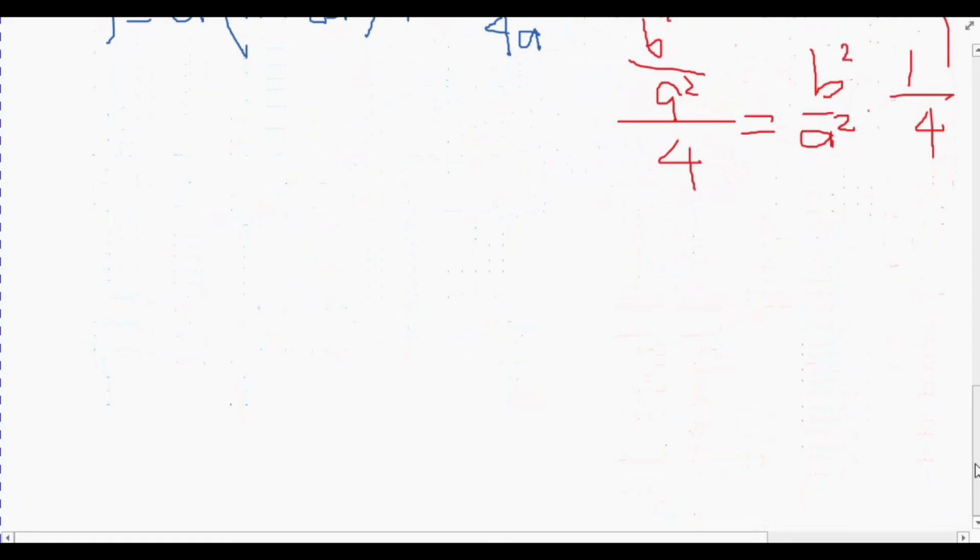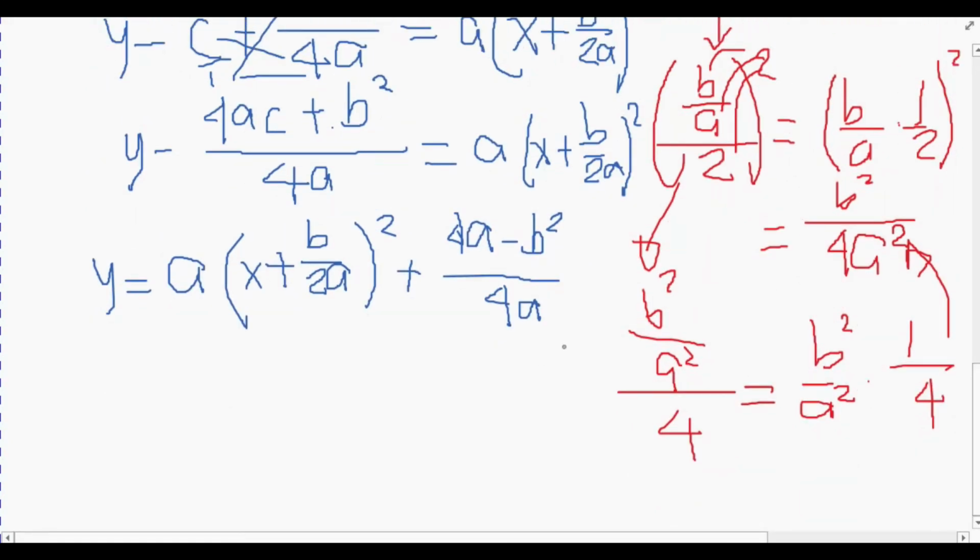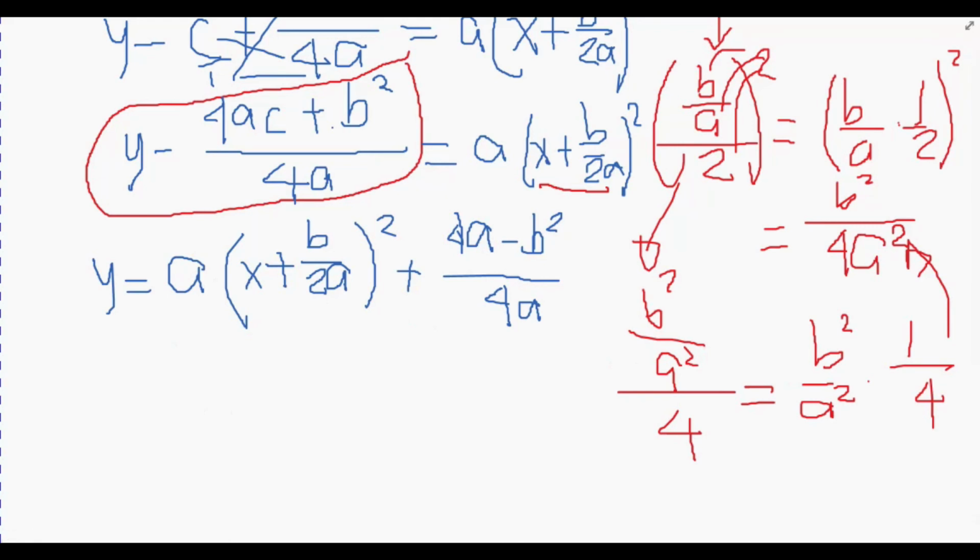Now, since this is what we call the vertex form of the quadratic function, we identify the coordinates, the x coordinate and the y coordinate. Our y coordinate is in this part, and on this part is our x coordinate. So we will solve for the y coordinate.